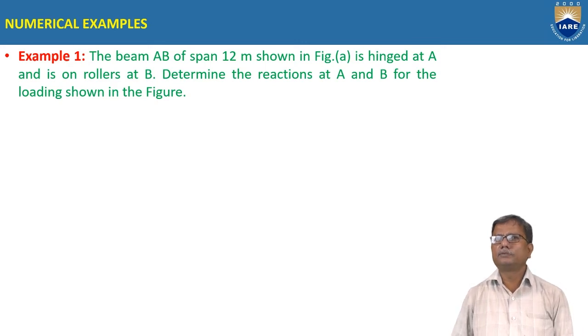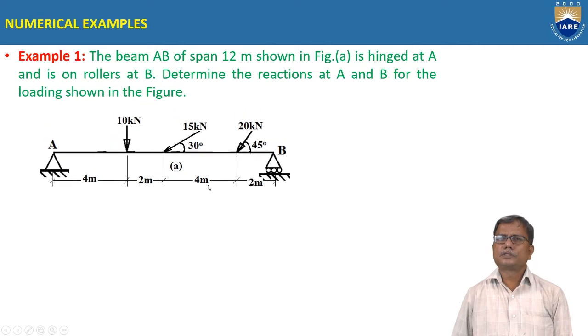You observe this beam, which is hinged at A and supported at B on rollers. The span of the beam is the distance between the supports, so here 4 plus 2 plus 4 plus 2, a total of 12 meters.